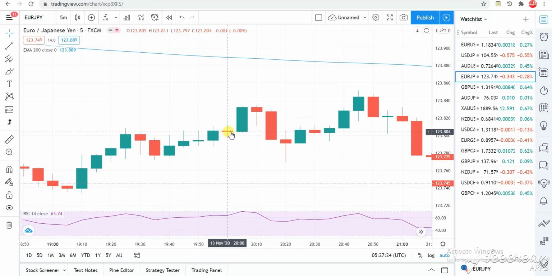Of course, this is a bearish candlestick, but in the forex market we like to call this an indecision candlestick, which means the selling pressure and the buying pressure are equal. So there's really no one winning at this point.